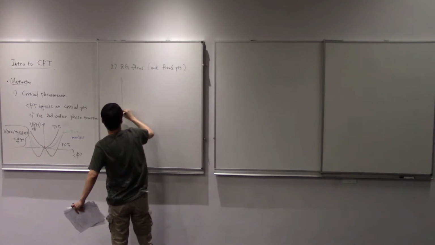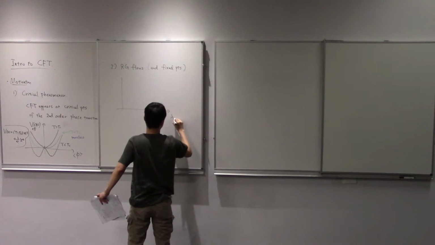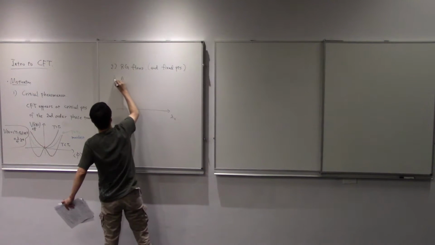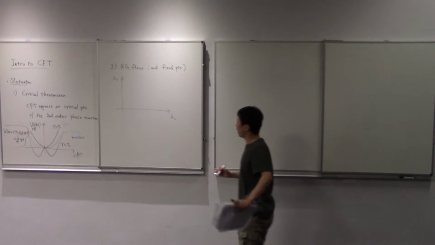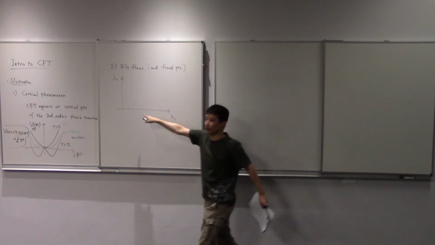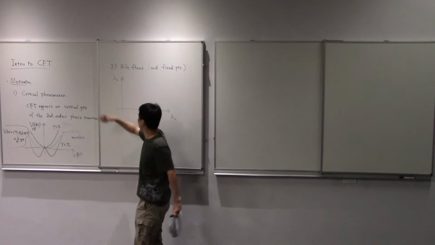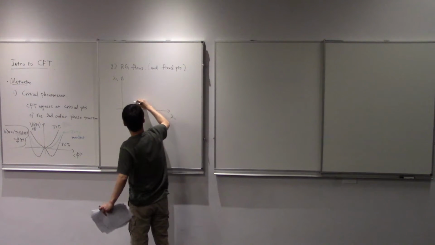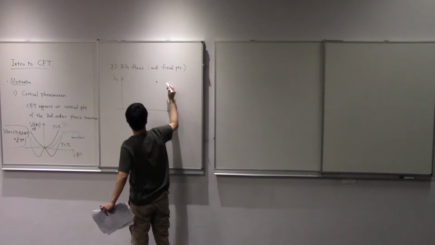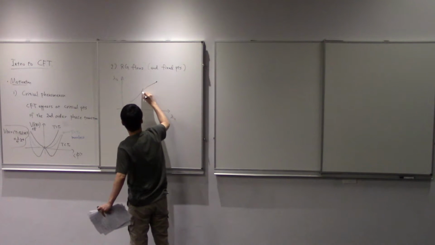In cartoon, it looks like this. Let's say I have two coupling constants, lambda 1 and lambda 2. And then what will happen?